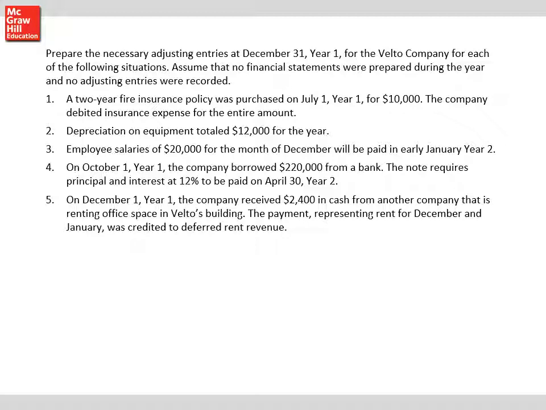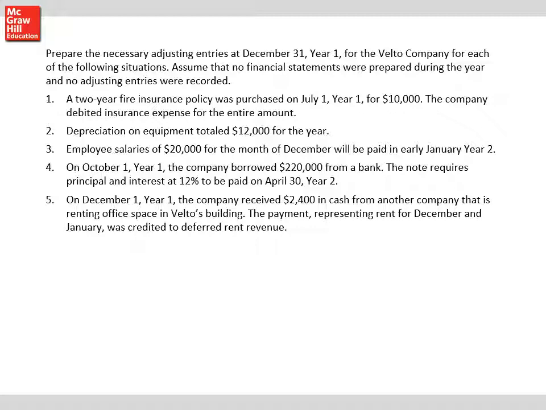Well, how many months really is an expense in year one? They started it in July: July, August, September, October, November, December. 6 months of it. So multiply 416.67 times 6. You get about $2,500 of the $10,000 should be an expense.